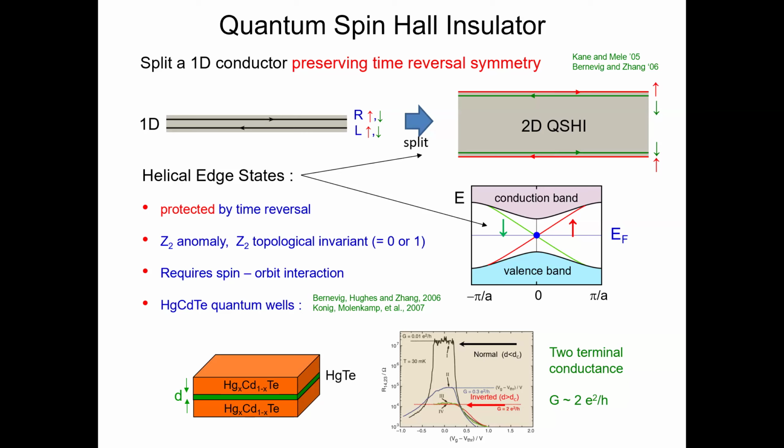It'll have similar edge states, with states moving in both directions. The up spins are moving to the right, the down spins are moving to the left, and you can see they cross each other here. Usually in quantum mechanics, when you have states that cross and have a degeneracy, there better be a good reason for that degeneracy, because otherwise any small perturbation would turn the crossing into an anti-crossing.